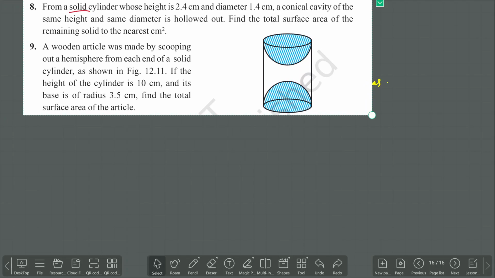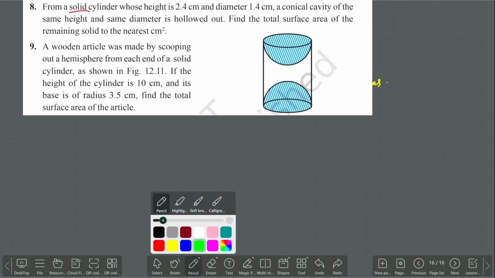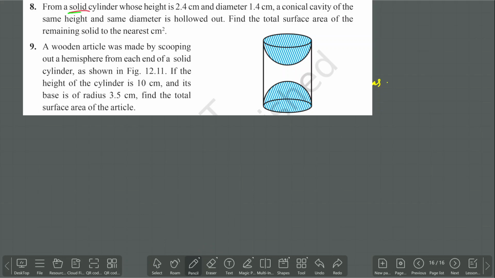Okay, now listen, focus here. The word solid is given, so that what I said, all visible area, we have to draw a diagram for this. Solid cylinder, so draw cylinder.